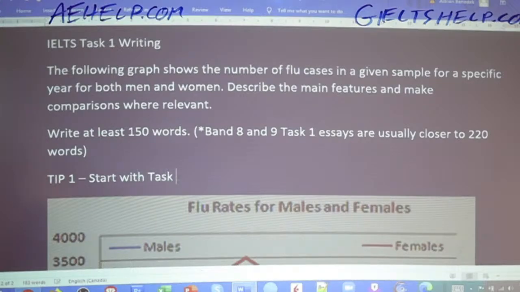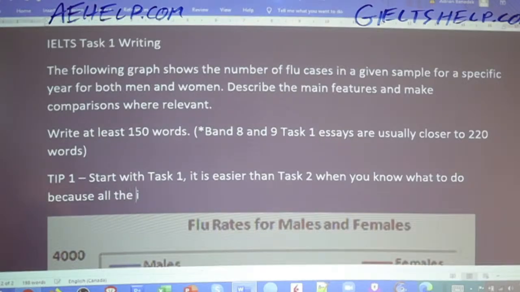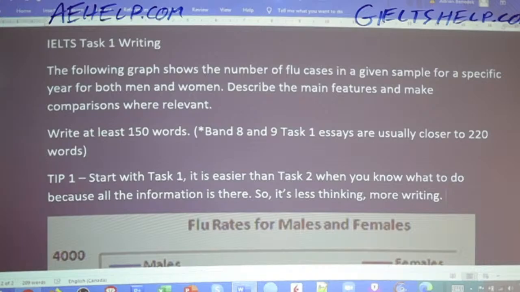Okay, so start with task 1. It is easier than task 2 when you know what to do, because all the information is there. So we could say it's like less thinking. And more writing, okay? So it'll get you going on your writing.